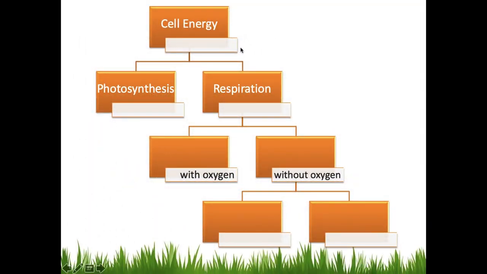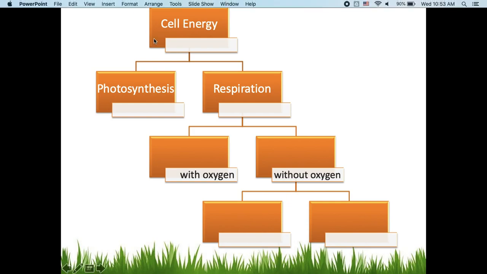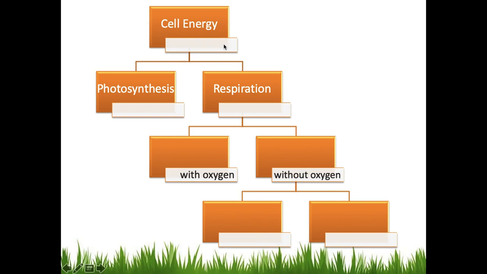Okay, so this is a chart showing the overview of the past chapter. Our cells make energy in two ways. Our plant cells trap energy from the sun through photosynthesis. Animal cells through respiration.